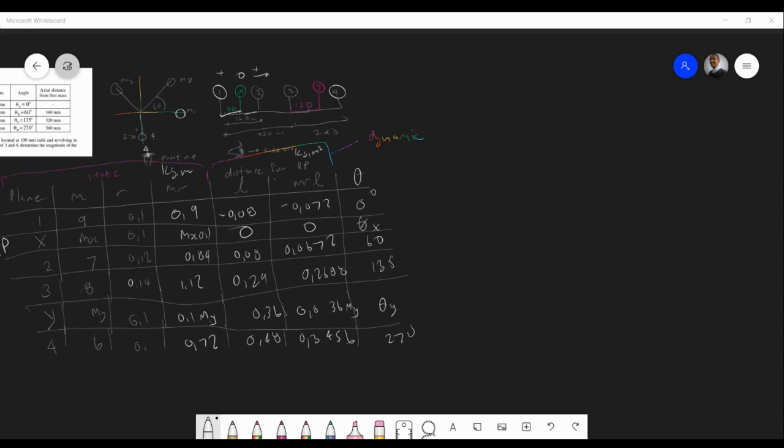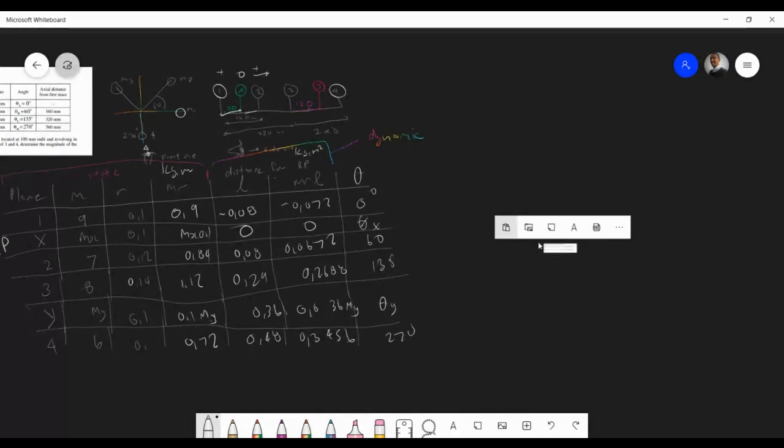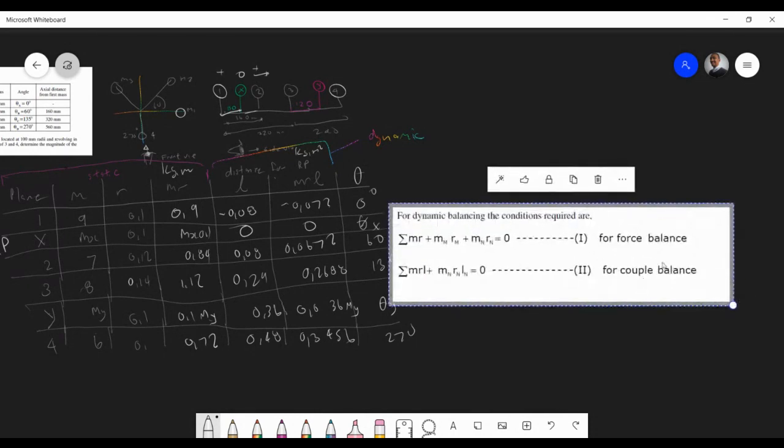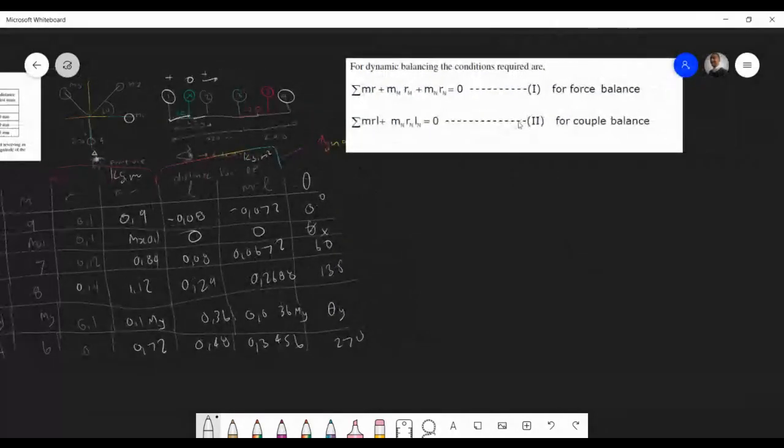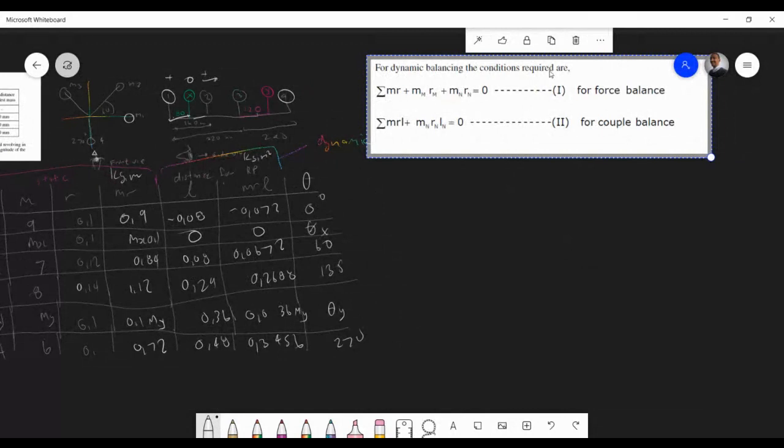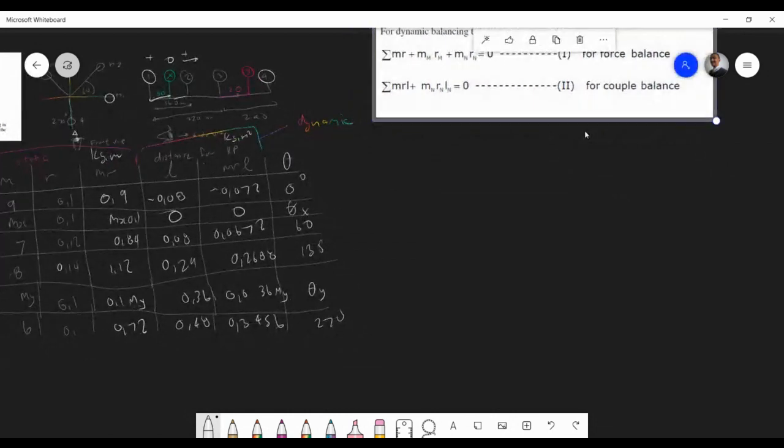So now let's quickly see. This is what's important now. This is where we are. The dynamic balance conditions are the sum of the MRs. It's a force balance, static, and this is the couple balance, the dynamic part of that.